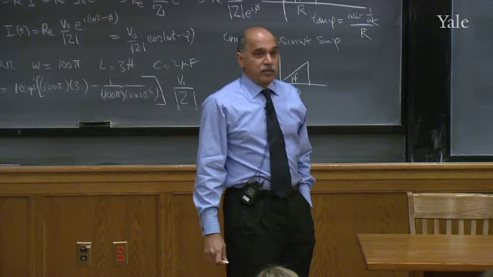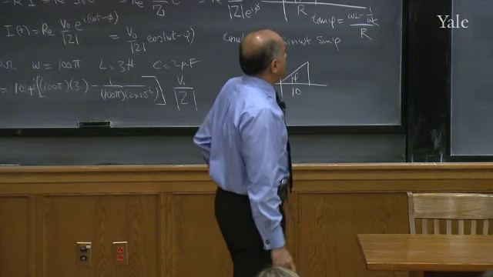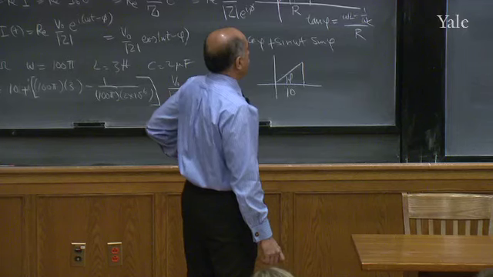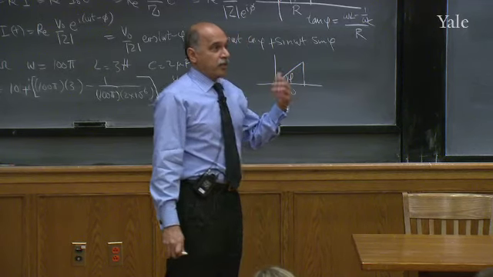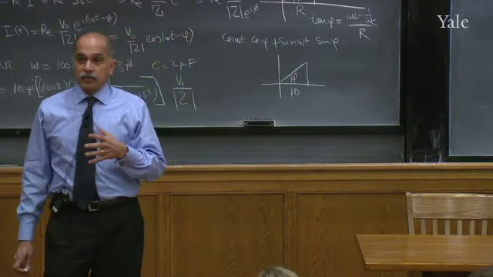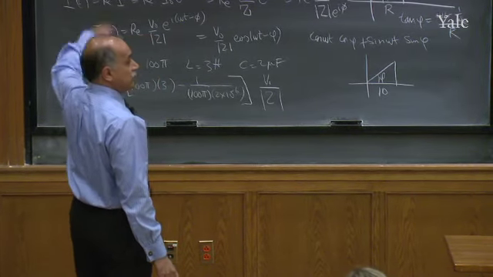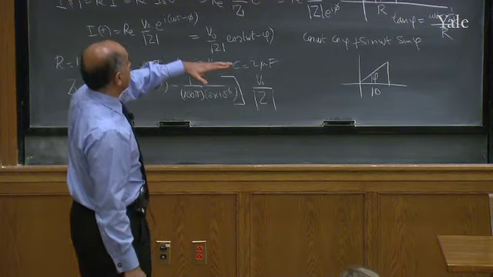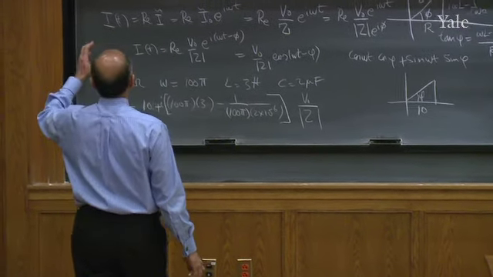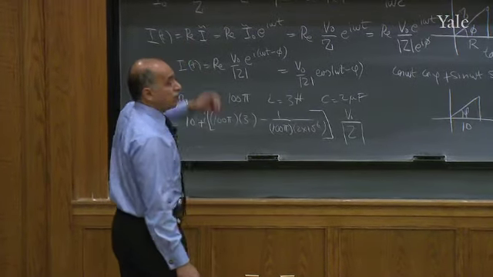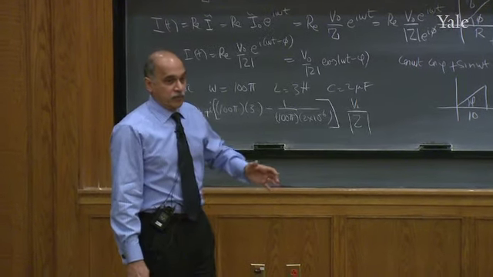Yes, so I will translate. If you have a problem where you apply one voltage, V1, and you get a current I1, and a second voltage V2, and you get a current I2, just by adding the two equations, left-hand side to left-hand side and right-hand side to right-hand side, you can check that V1 plus V2 drives a current I1 plus I2. You should do that.